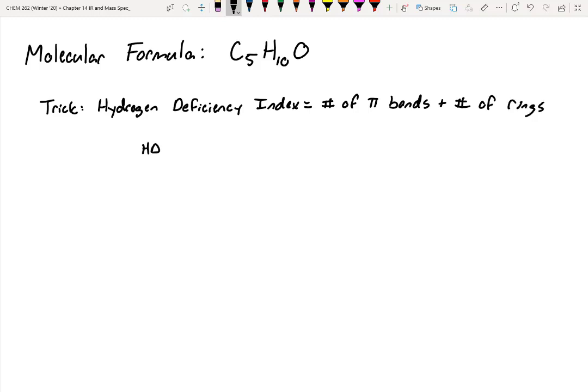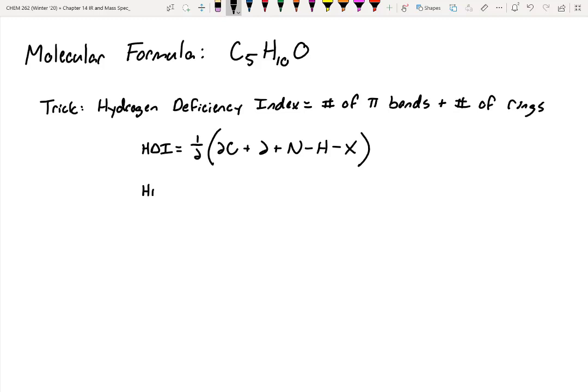And the HDI, the hydrogen deficiency index, is a pretty simple formula. It's 1/2 times twice the number of carbons plus 2 plus the number of nitrogens minus the number of hydrogens minus the number of halogens, which I'll call X.